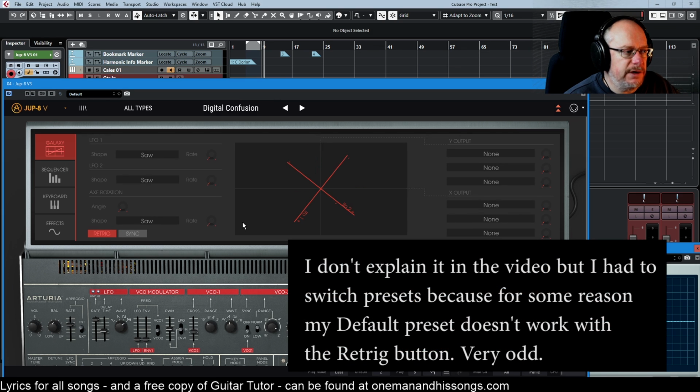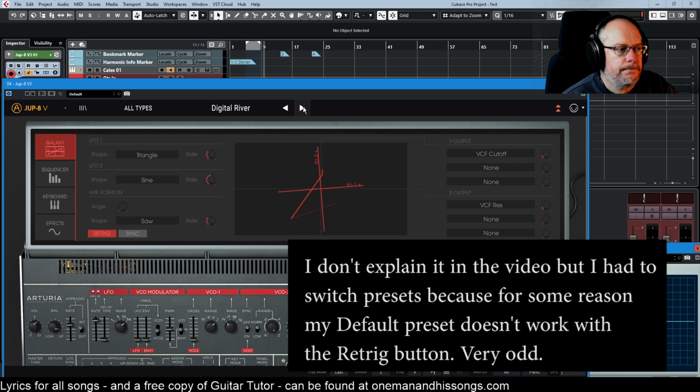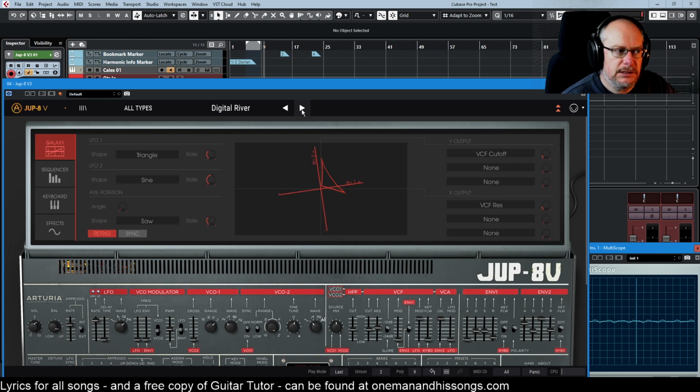But basically what retrigger does is each time I press a key, it bounces back to reset all of the LFOs to 0. So it's always resetting the background graph to 0 and all of the internal LFOs to 0 as well.